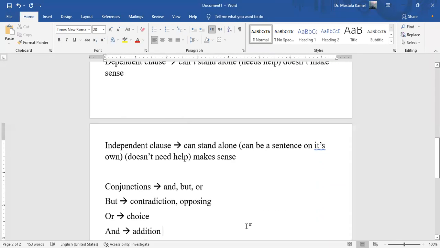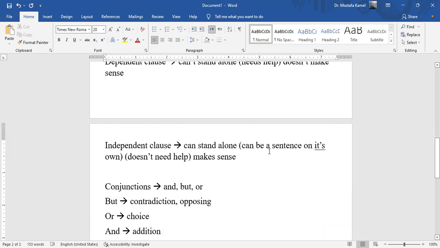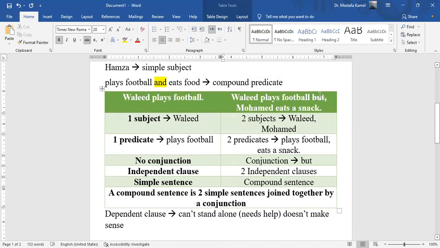So we have three conjunctions in this lesson. They are "and", "but", "or". We use those conjunctions to make the compound sentence. We can't remove a conjunction from the compound sentence. If we remove the conjunction, it will be two simple sentences, right?